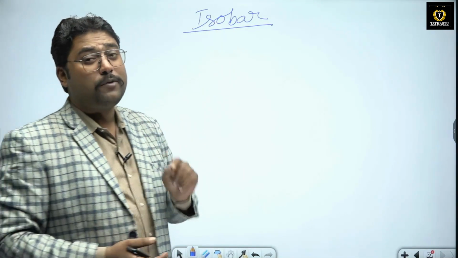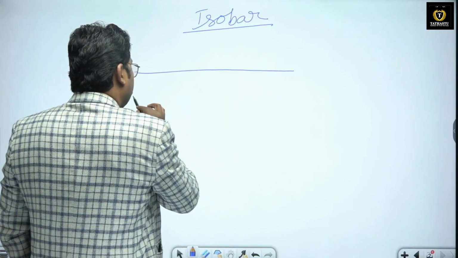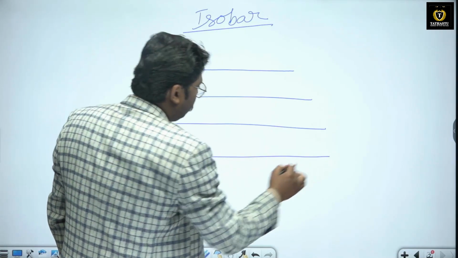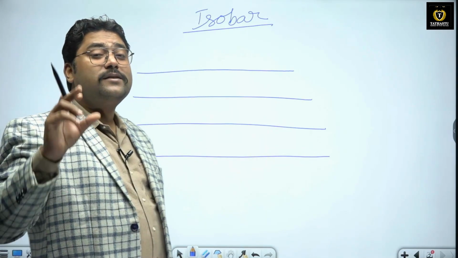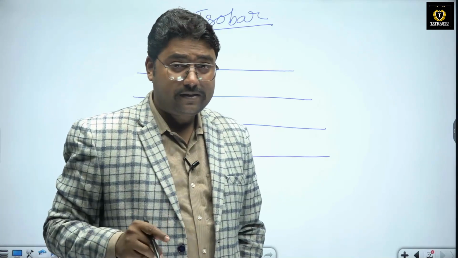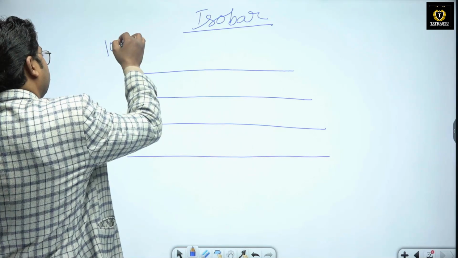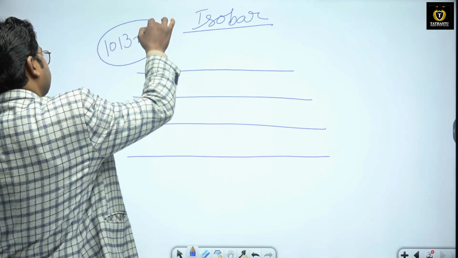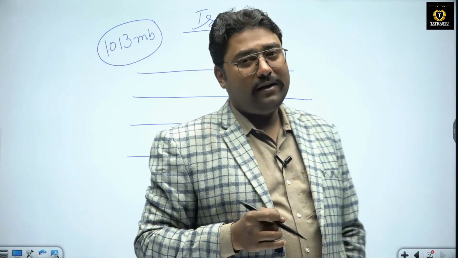And most important thing, the difference between isobars. The pressure difference of the places and the normal barometric pressure in atmosphere is considered as 1013 millibar.